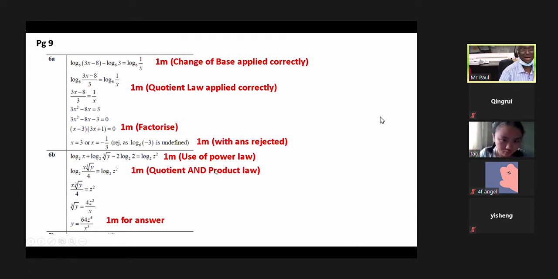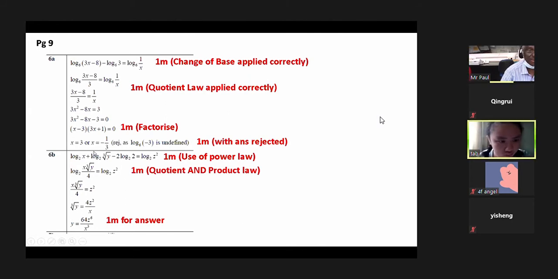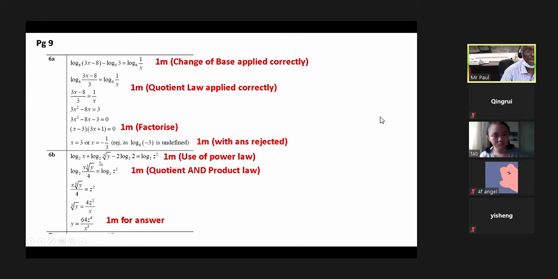Common mistake. This one, you also have to look at your question because there was a 1/3 here, right? I don't have that. This is already the solution. You know what happened? Some of you thought that the y minus 2 is together. I'm sorry, they are not together.